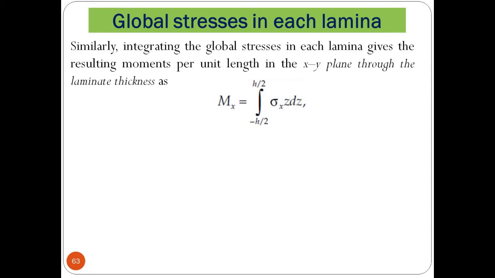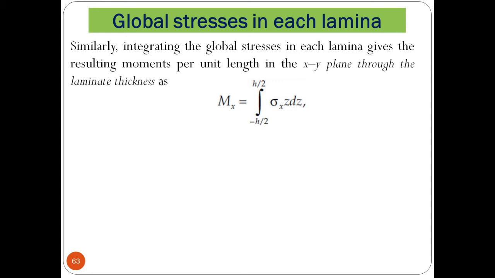Now these global stresses, once again we have to correlate with the resulting moments per unit length, similarly in the xy plane, for the laminate thickness minus h by 2 to h by 2. So with the help of this discussion, the moment per unit length Mx becomes the integration from minus h by 2 to h by 2 of sigma x z dz.